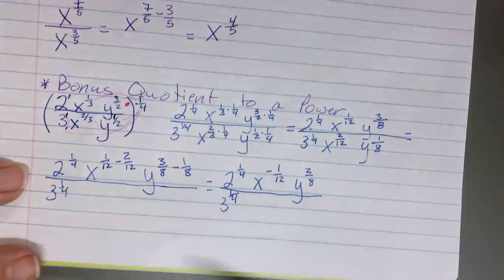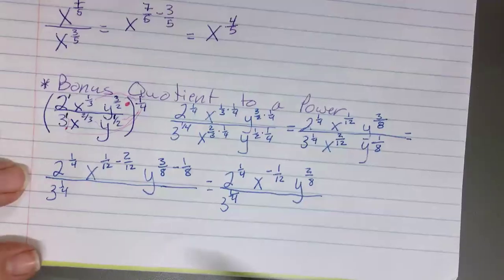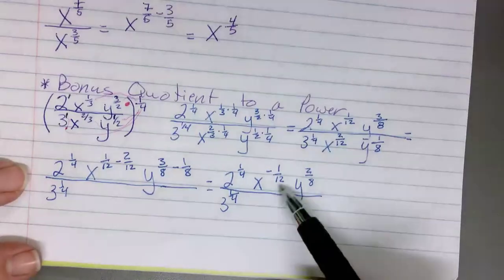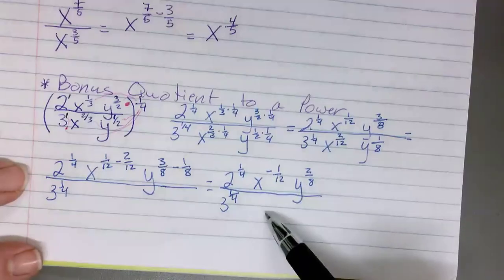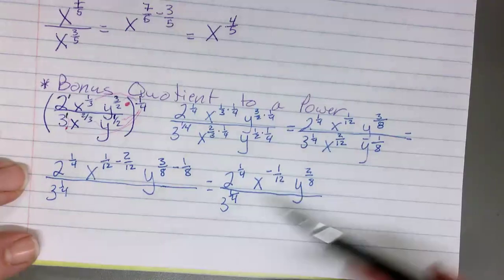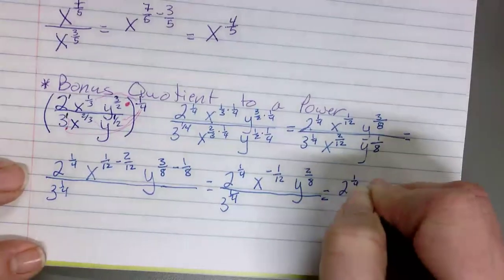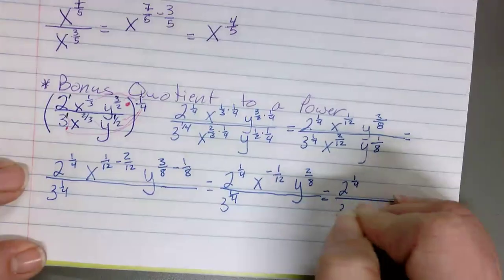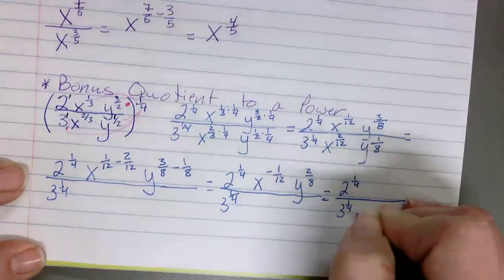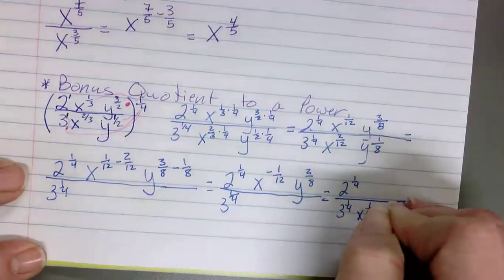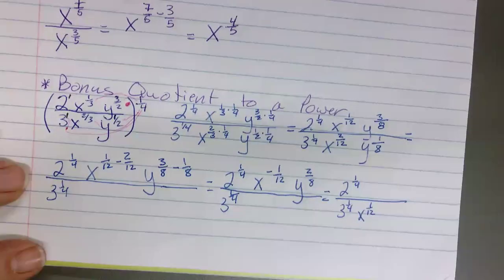So if you look at your laws of exponent notes, it says that we can take this whole thing, the x to the negative 1/12, and put it on the other side of the fraction bar, right? Put it from the numerator into the denominator, and then the exponent will become positive. So let's do that. 2 to the 1/4 over 3 to the 1/4, x to the 1/12. Notice it's a positive 1/12 now.